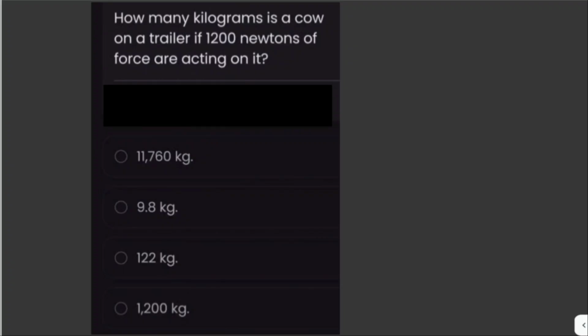How many kilograms is a cow on a trailer if 1,200 newtons of force are acting on it?